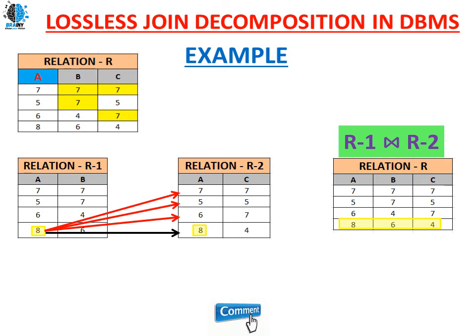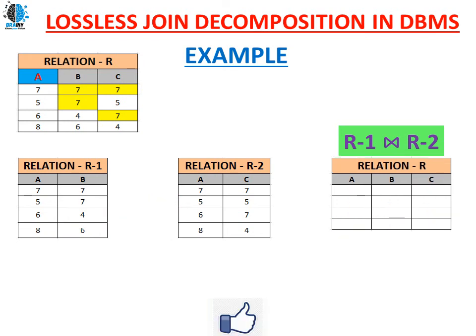Which join have we used? Natural join on these two relational tables R1 and R2. So this is all about lossless join decomposition. How have we done the lossless join decomposition with the help of natural join?